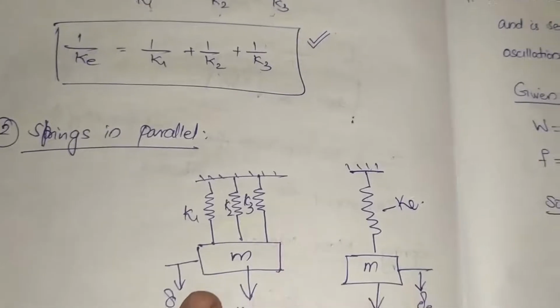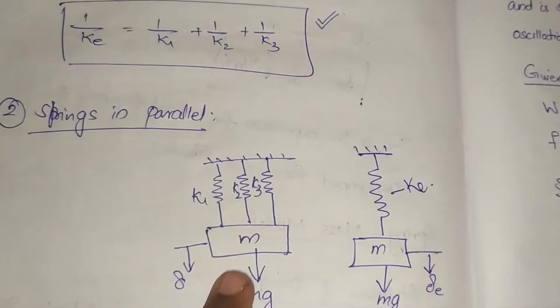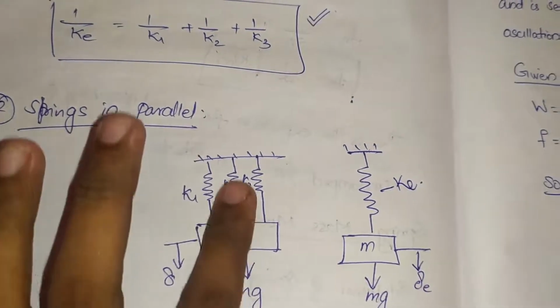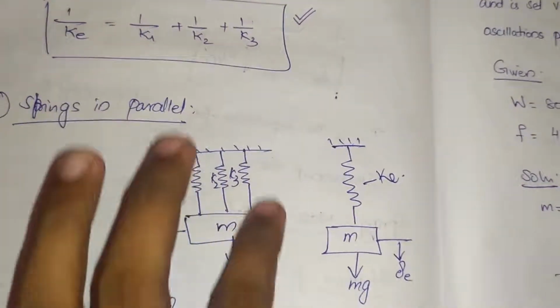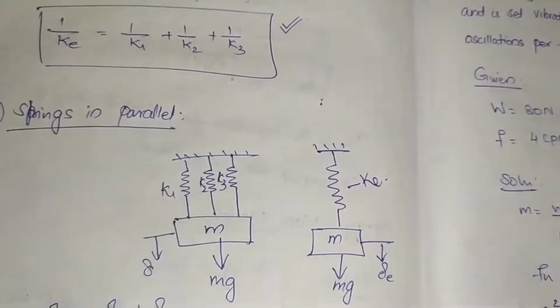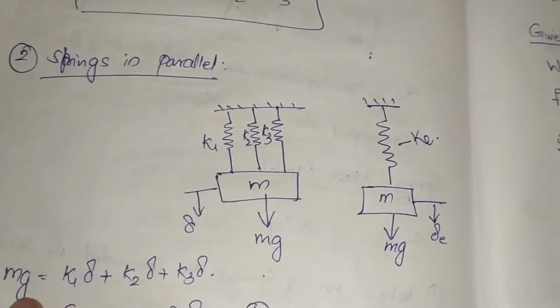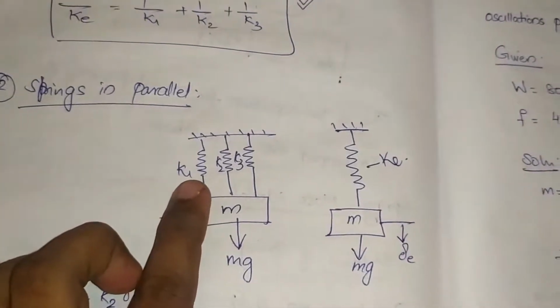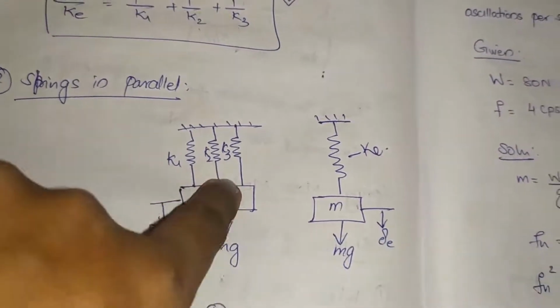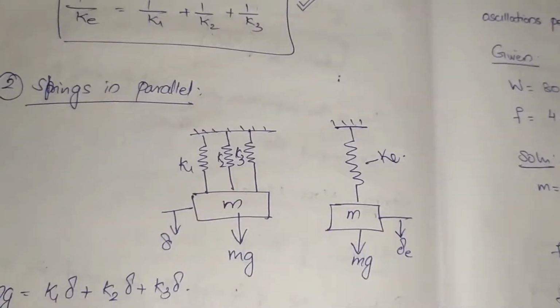Now you know that the total weight is acting downward here and a summation of all these spring forces will be acting upwards. That means mg is equal to K1 into delta plus K2 into delta plus K3 into delta. Is it right?